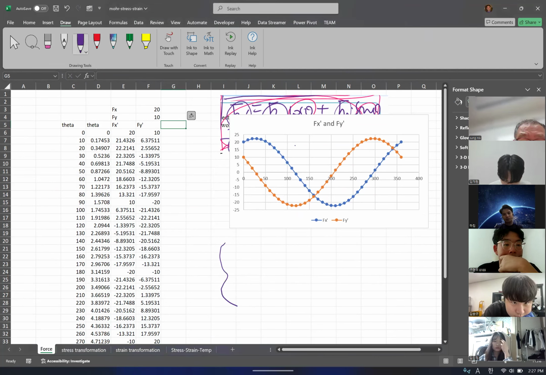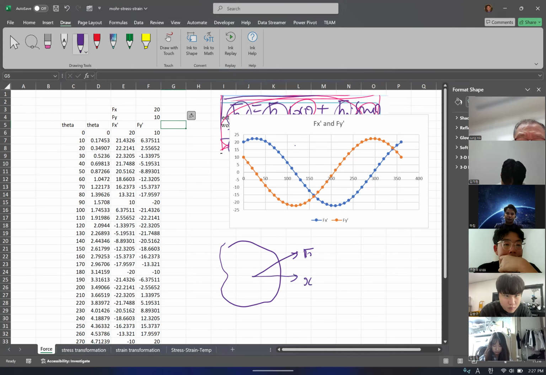Let's say we have a certain body, and we have a certain force like this. This is the x-axis and the y-axis, and we certainly have this much component. Again, we'd like to remind ourselves of the definition of a force transformation.